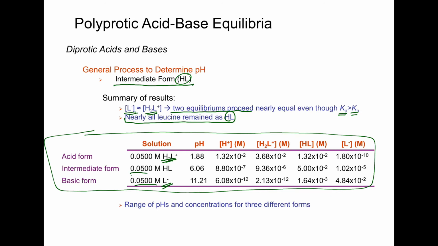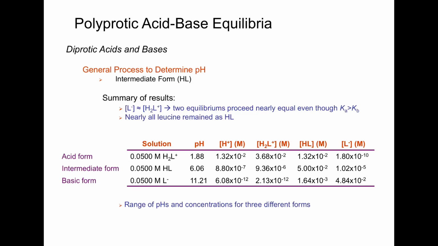And then we have the intermediate form where we had to do a systematic treatment of equilibrium because neither of the Ka or Kb's were strong in either direction. They're both pretty weak equilibrium. And what we have here is a summary of the pH and a summary of the concentrations that we calculated.